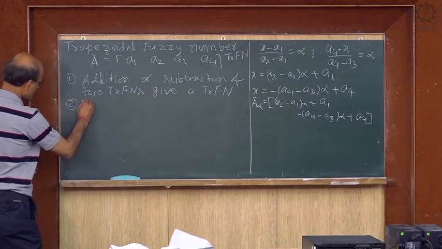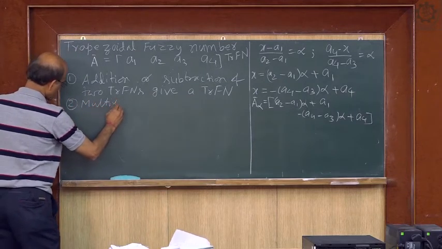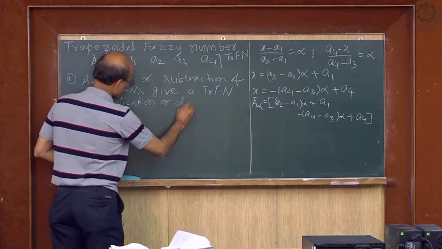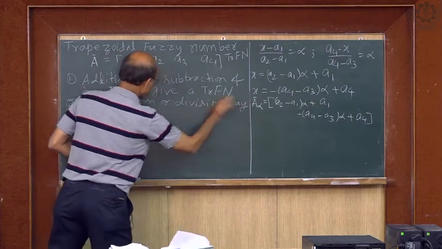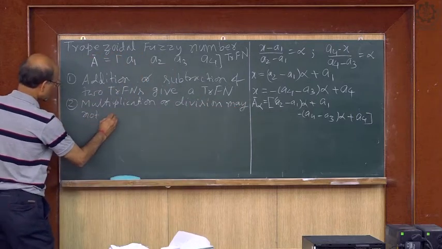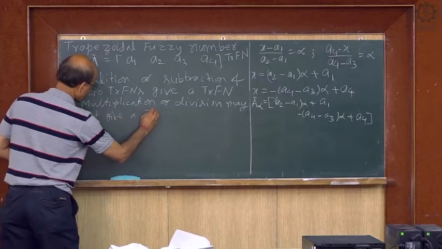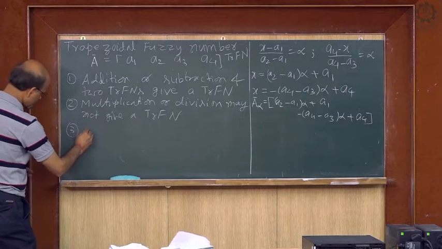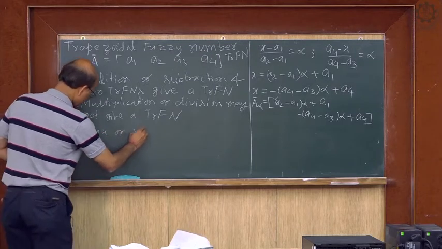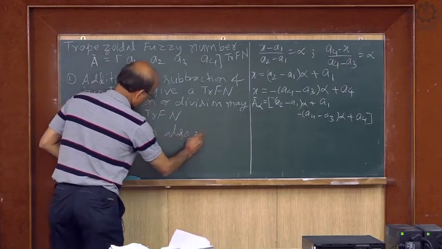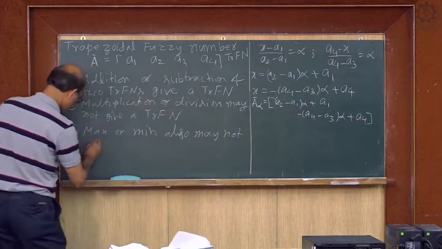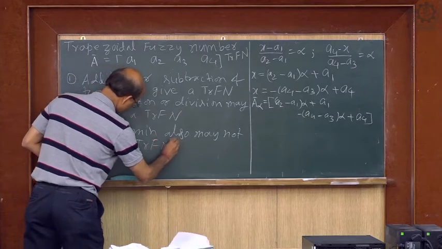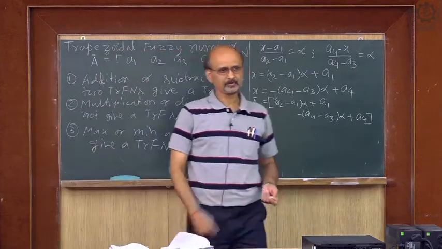Second is multiplication or division may not give a TRFN. And third one is max or min also may not give a TRFN. Fine?